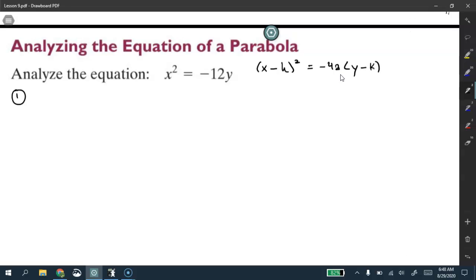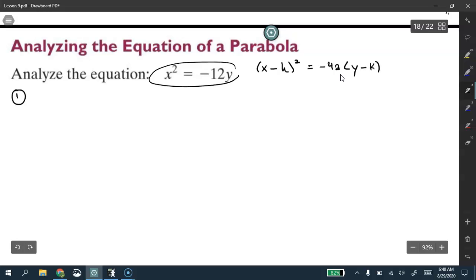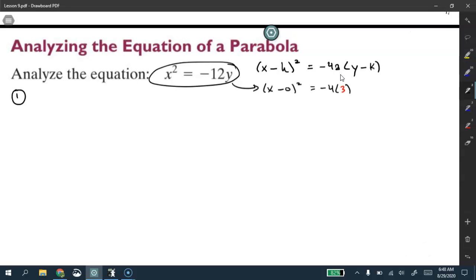One of the things, and a lot quicker now, we can say is, basically this equation right here is essentially x minus 0 squared is equal to negative 4 multiplied by what gives you 12? That would be 3, right? So negative 4 times 3 multiplied by y minus 0.